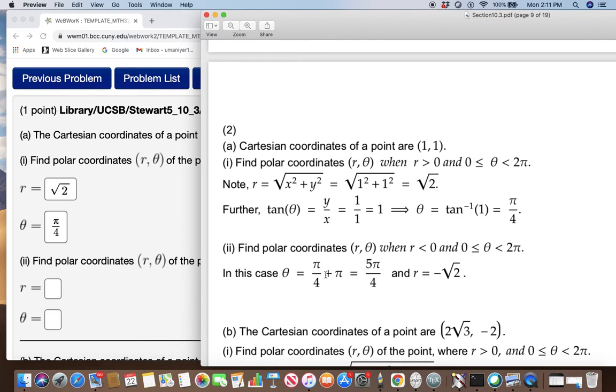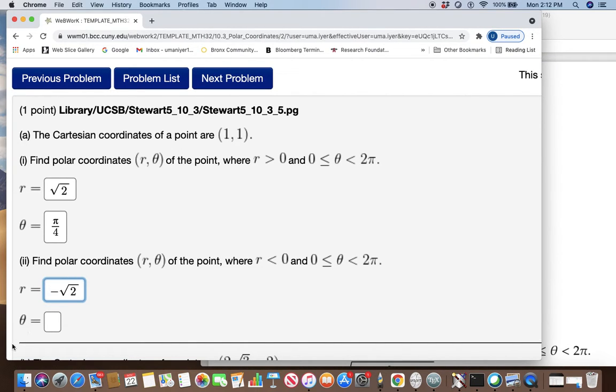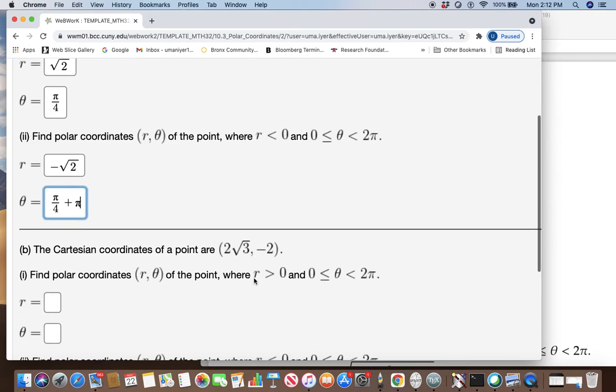So I want an angle which takes me to the third quadrant, so that with a negative r, my point comes back to 1, 1. So that's why we need the pi more. So here r is negative square root 2, and the angle pi over 4 would keep me in the first quadrant. A first quadrant angle with a negative radius takes me to the opposite side, but I want to stay in the first quadrant, so I need to add an angle of pi.